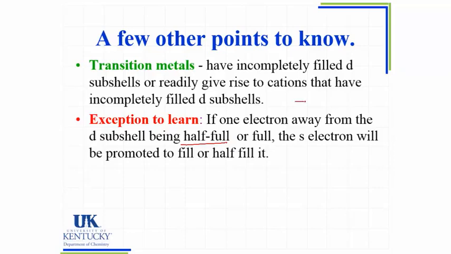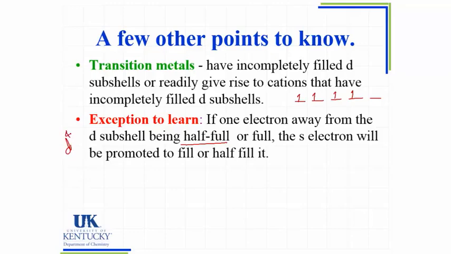A d subshell has 5 orbitals. Okay, if you are half filled, that would be this. If you're 1 away from being half filled, then you would have to take 1 electron away, and that would be d4, right? So that would be this. So being 1 away from half full would be D with 4 electrons.